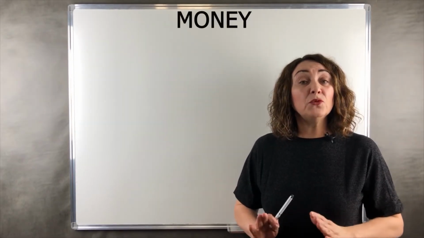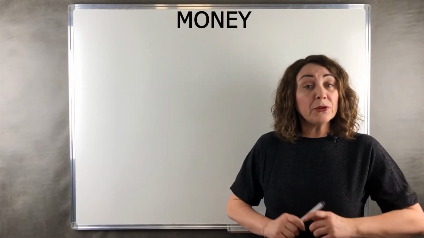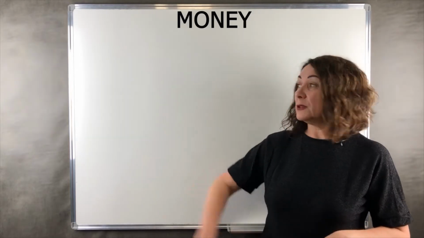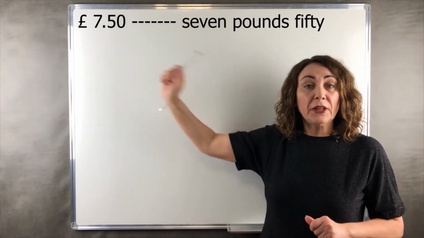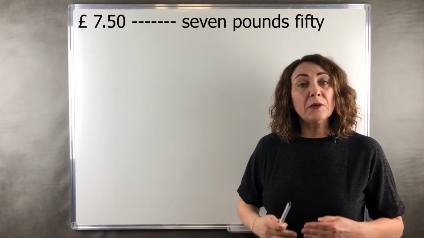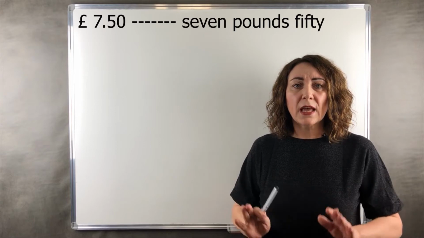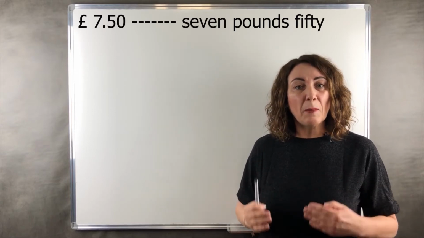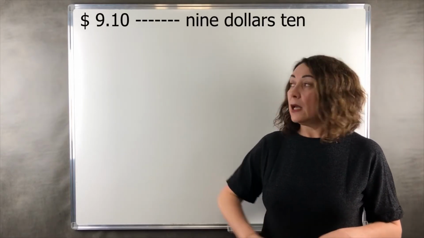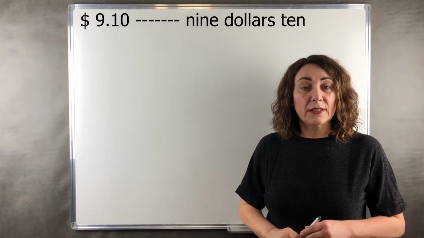Now, let's move to money and percentages. How to pronounce money? For example, 7.50 pounds. In English, it will sound like 7 pounds 50. We don't say pence or cents, just 7 pounds 50. For example, 9 dollars 10 cents.